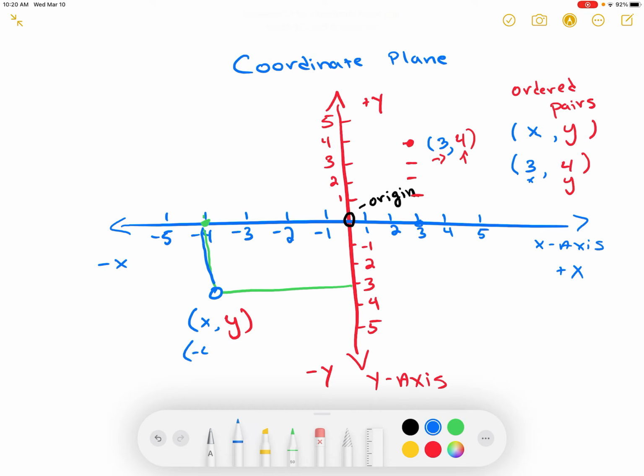So it goes x, which is -4, and the y value is -3. So it's -4, -3, and that is the name of this point. That's the location. The other way I could have said that is to the left, because I went negative on the x-axis, 4, and then down 3 spots.